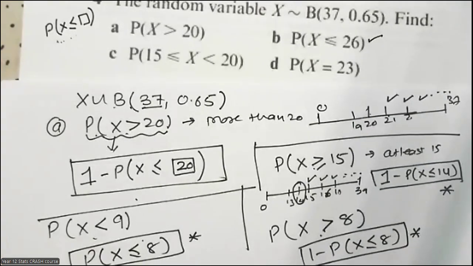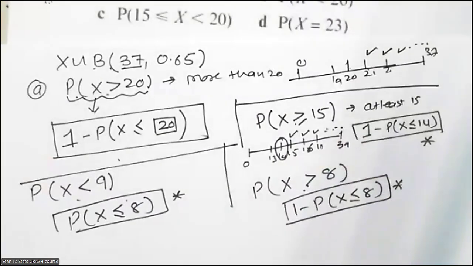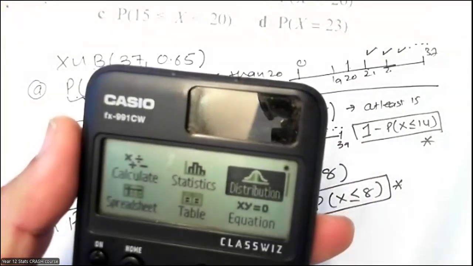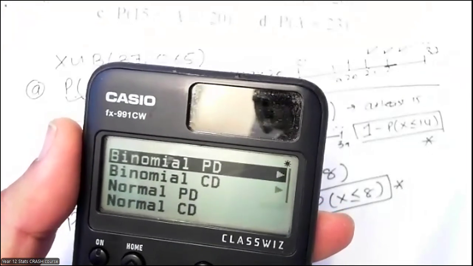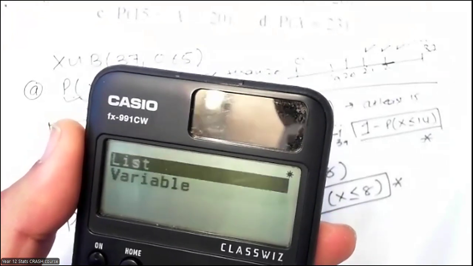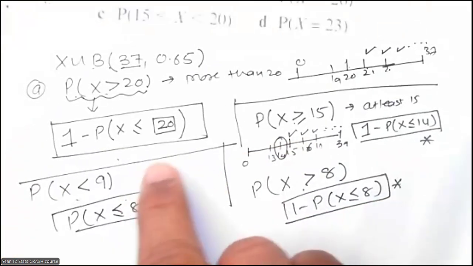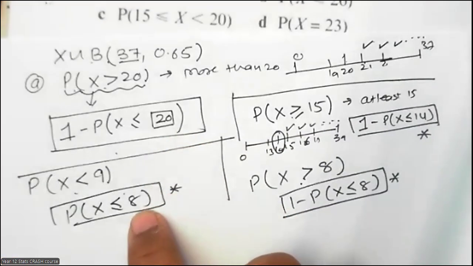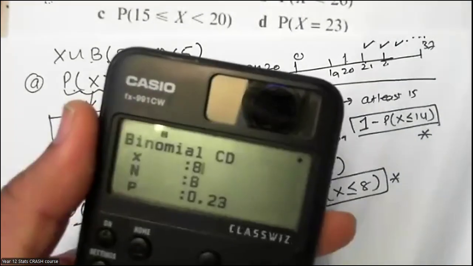Then I'm going to show you how we use calculators for this now. Right, for the calculators, people, we go to distribution and come to binomial CD. If there's an inequality in the less than or equal to direction, we go to binomial CD. Then go to variable and press the 3 things. Let's do this one first. I want X to be 8.